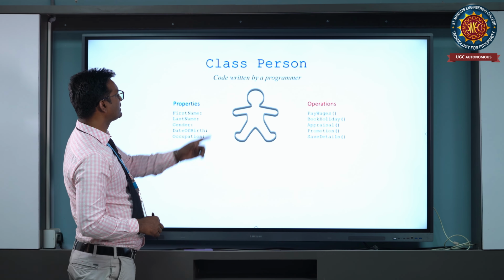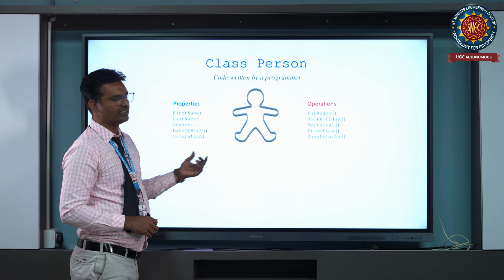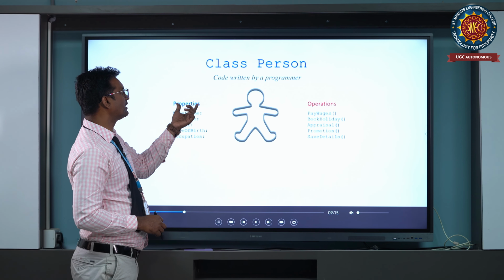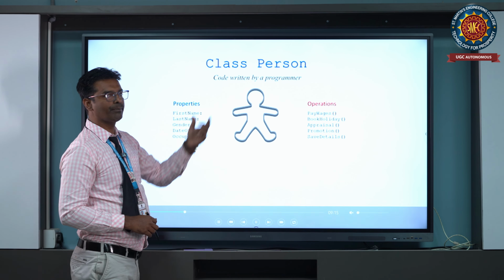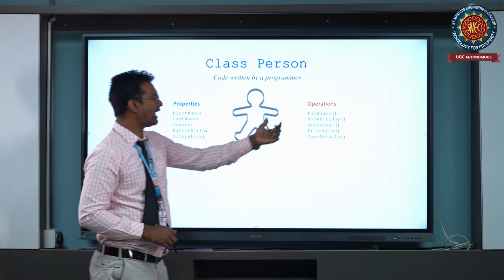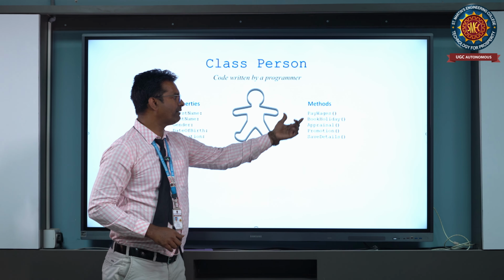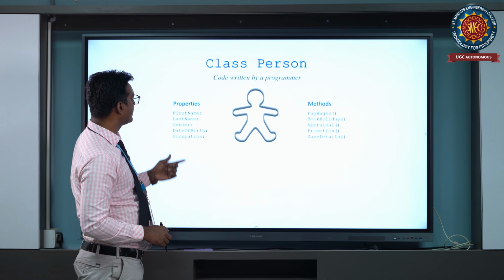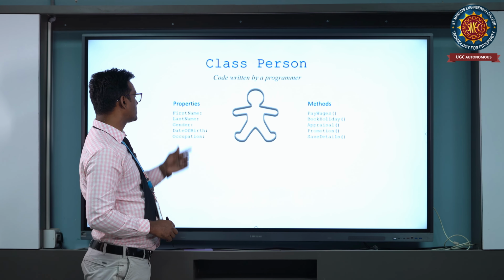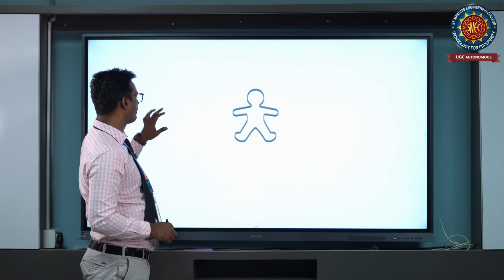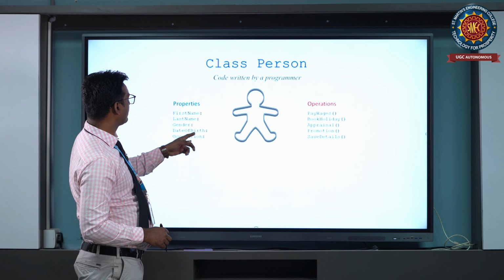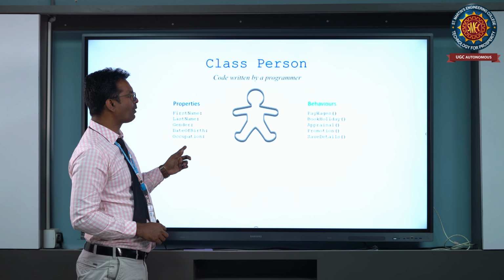So the class Person contains some properties. The class Person has two types of things: properties as well as behaviors. Behaviors we call methods or procedures. Here the properties are first name, last name, gender, date of birth, and occupation.